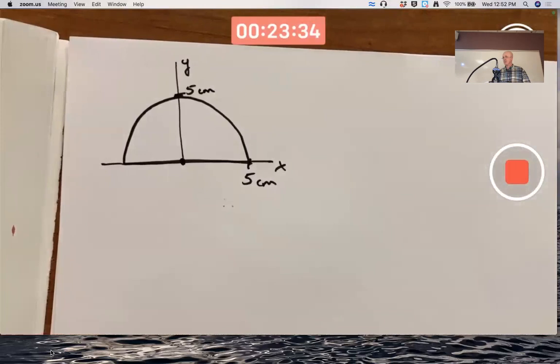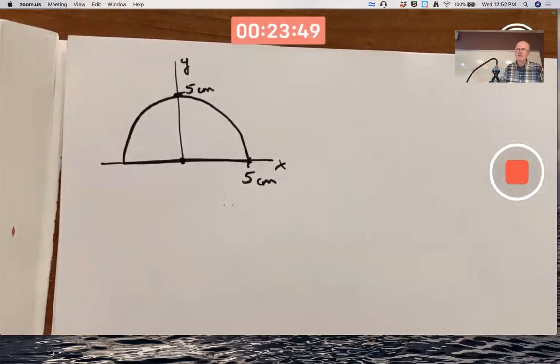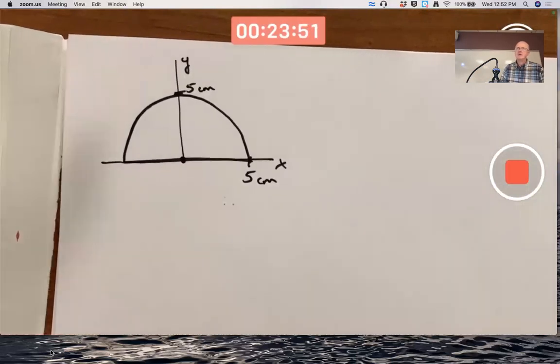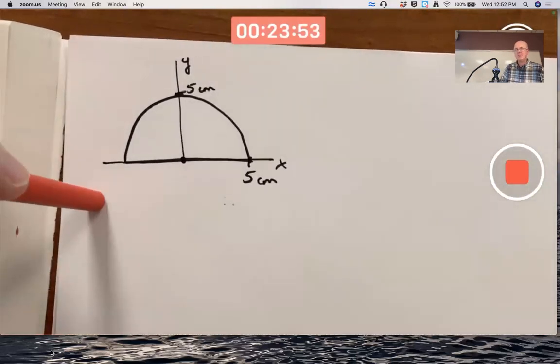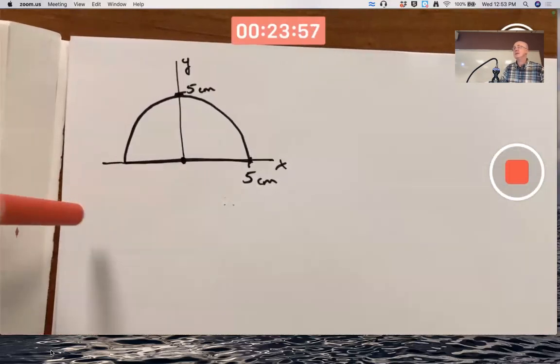And I'm after the center of mass for this two-dimensional object, which you could imagine to be like a thin plate of metal or something. In order to do this in calculus 2, to find the center of mass, we need to assume the density is constant.